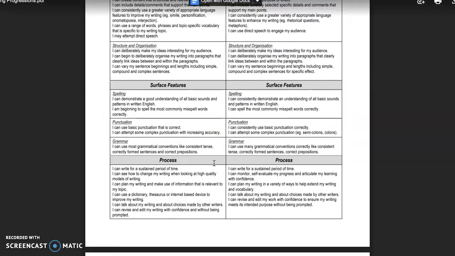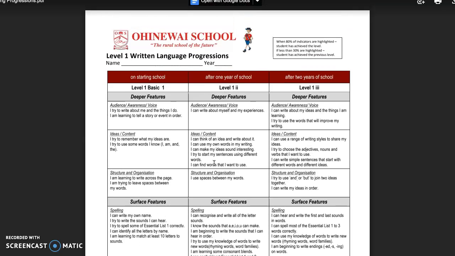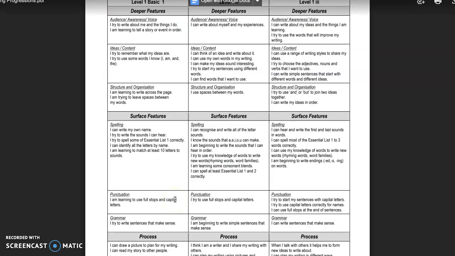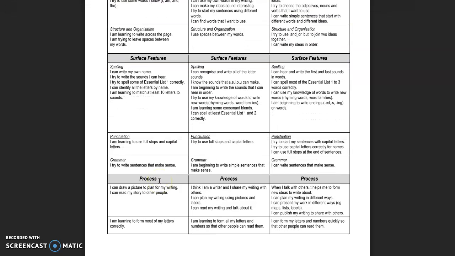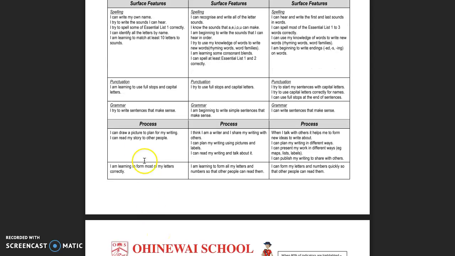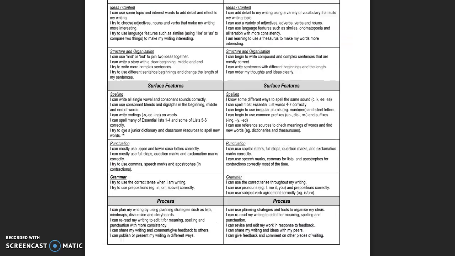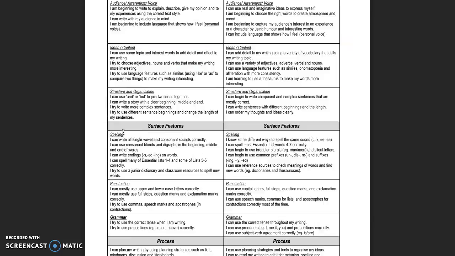It goes to year 8. This one is even more detailed. I like that it has what they call deeper features. Then it has surface features, the process of writing, which I think this one's really important, and I like how it starts from drawing a picture and then goes all the way to full writing. And it's just really detailed, and I love that.